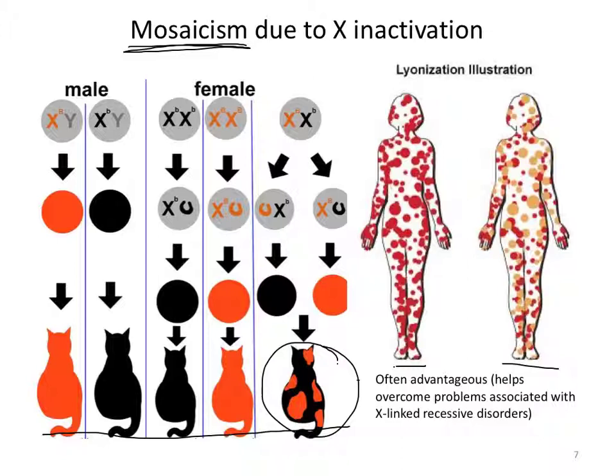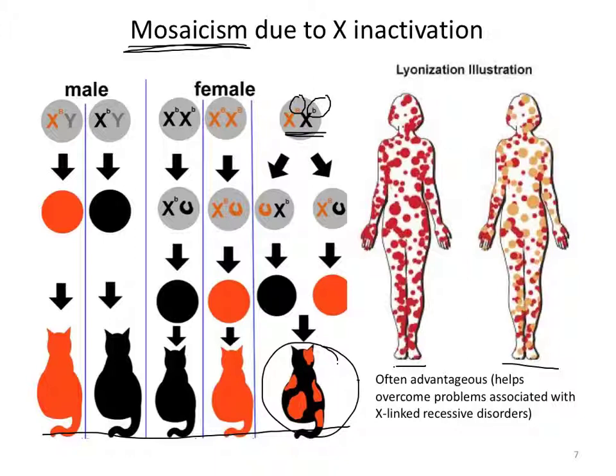A calico cat, which is female, is going to be XX, and she's going to have inherited X chromosomes from one parent that carry the dominant B allele for a gene that controls color formation, and the other X chromosome will have the recessive b allele. The dominant B is associated with orange, and the little b recessive is associated with black.